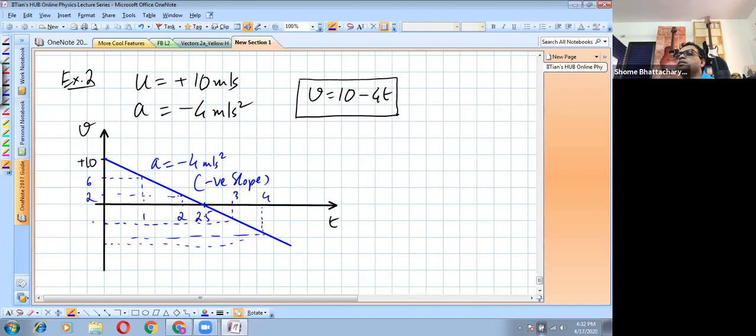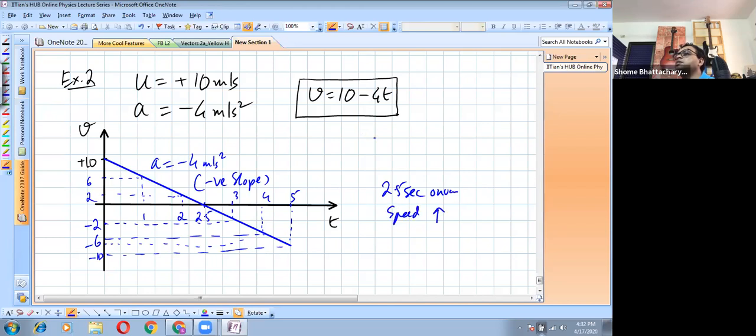This value will be minus 2. This value will be minus 6. And similarly, by the time it's 5 seconds, you can see it is minus 10. Like this. So again, this part of the motion from 2.5 seconds onwards, if we see the speed, again it is increasing.